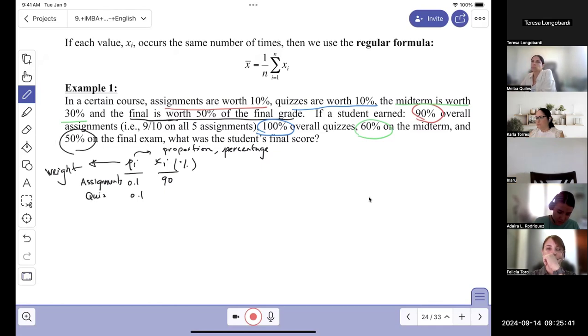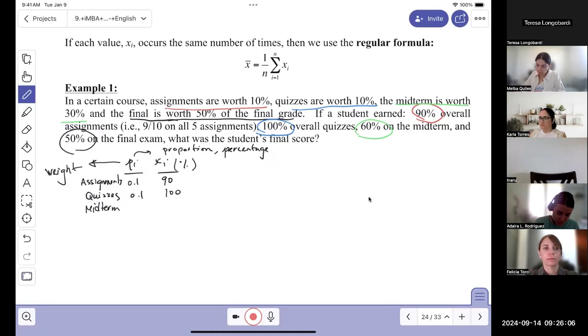Quizzes are here, blue, 100. So I'm going to put 100 here. And then green is midterm.